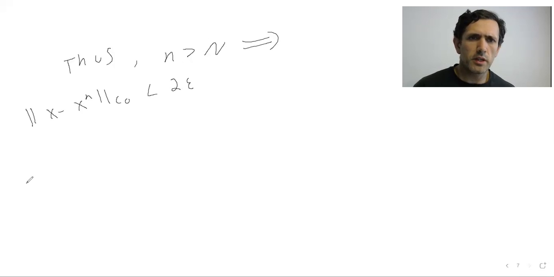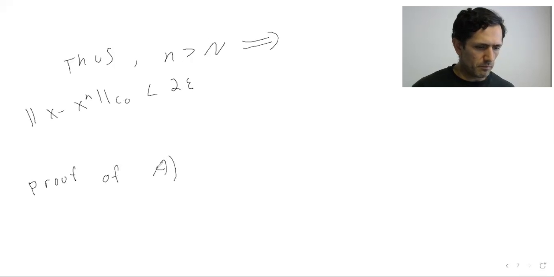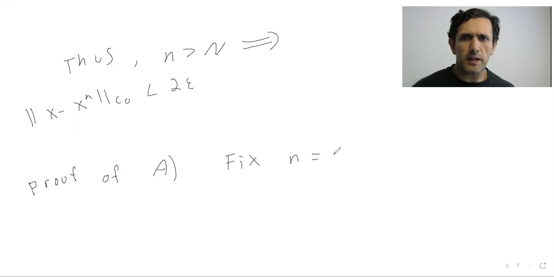So let's quickly prove A. It's kind of similar logic. So fix n just depending on epsilon, where x minus xn is less than epsilon.